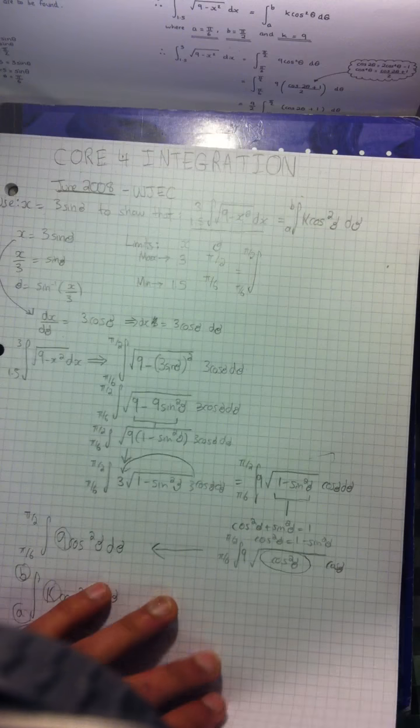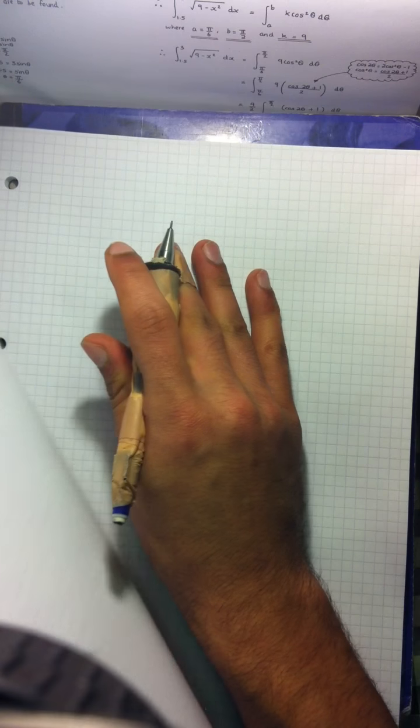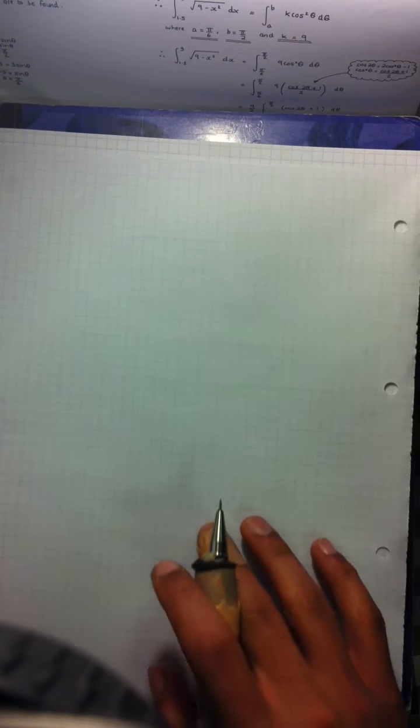Now, the question goes on to ask for, it asks you to hence evaluate the integral. So hence evaluate the integral from 1.5 to 3 of square root of 9 minus x squared dx.